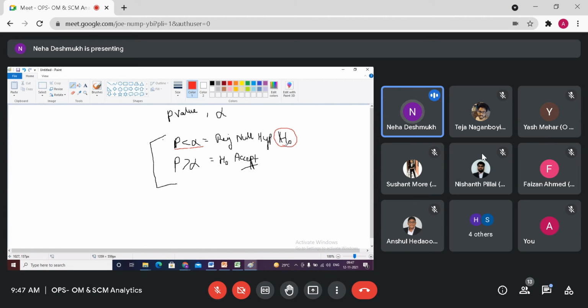Null hypothesis rejected reflects that the alternative hypothesis is accepted. Agree? And null hypothesis accepted means the alternative hypothesis is rejected.